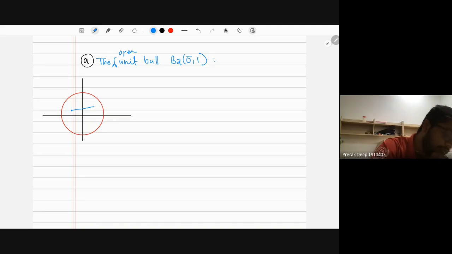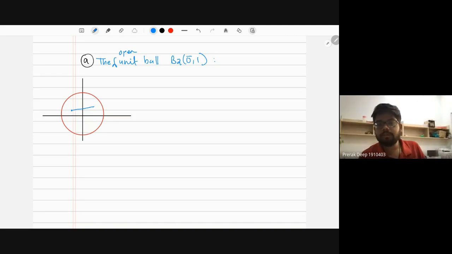You need to first construct the line segment, parameterize its equation, and then prove that this line segment satisfies the disk condition, that its modulus is smaller than or equal to 1. So it involves two tasks. First, come up with the equation of a straight line, and second, prove that any point on that straight line is part of this unit ball.